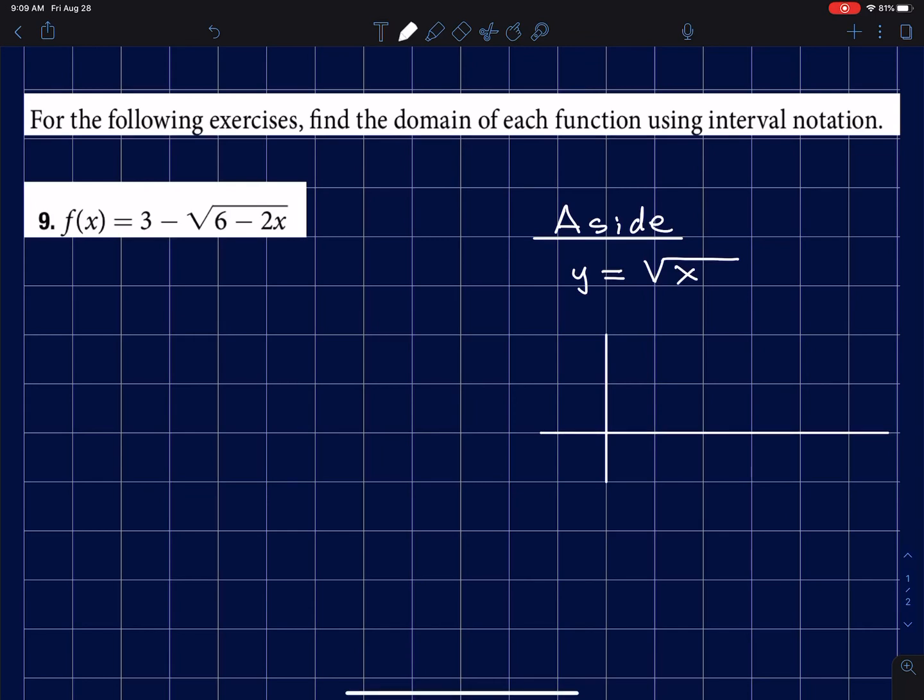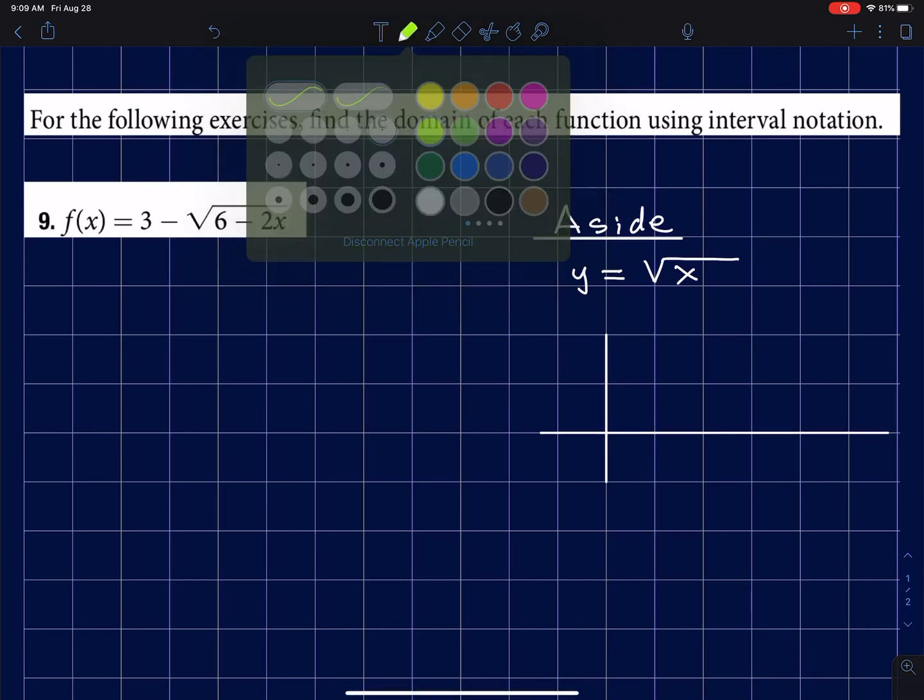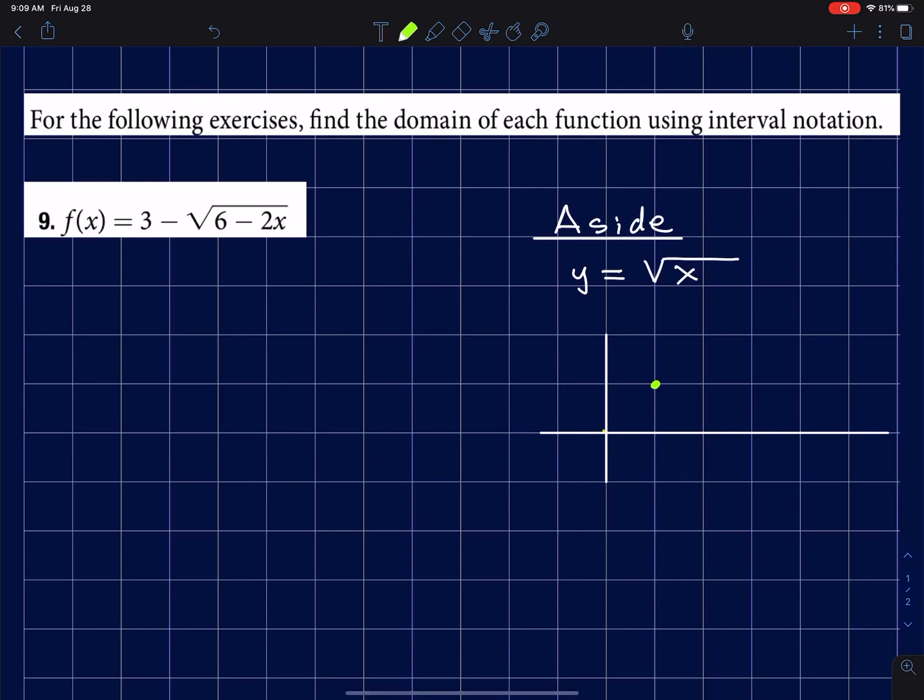This is an elementary function where we can plot points. You can do it sort of in your head. Square root of 0 is 0, square root of 1 is 1, square root of 4 is 2. That gives these points here, and I'm going to put that together. So that is y equals radical x.